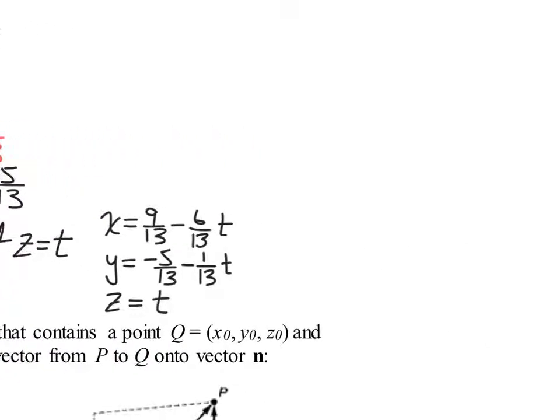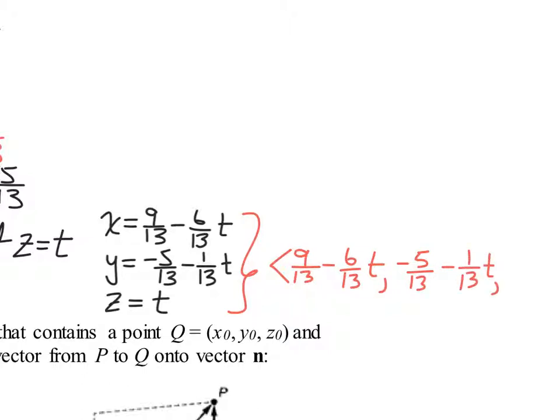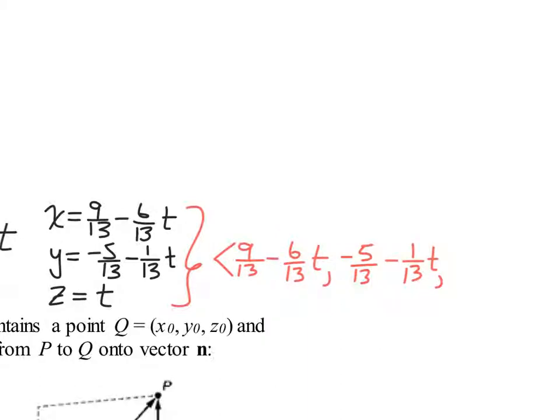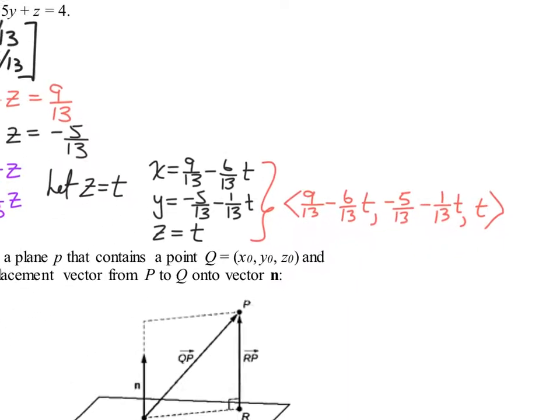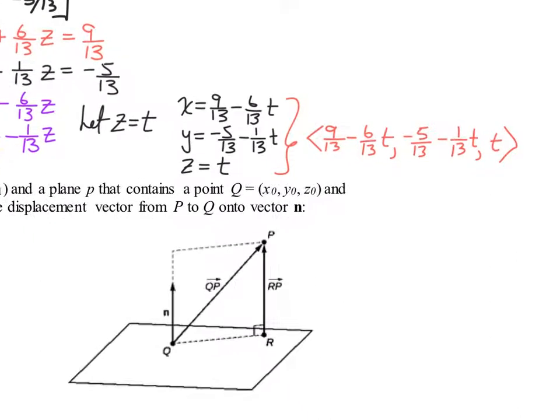So in vector valued form, we would say 9/13 minus 6/13 t, negative 5/13 minus 1/13 t, comma, t. Now, do we have to write it as a vector valued function?